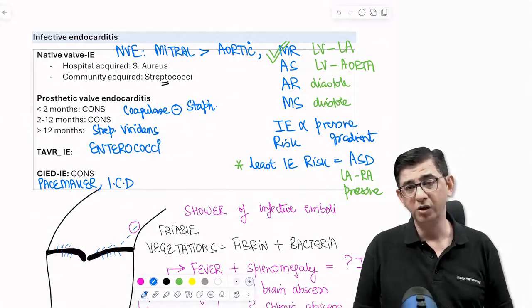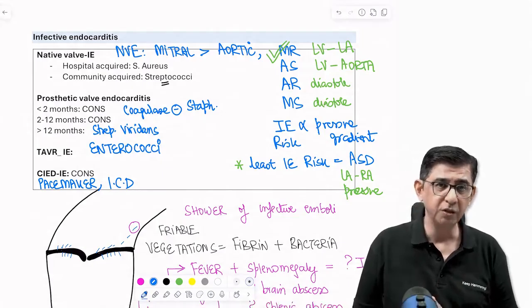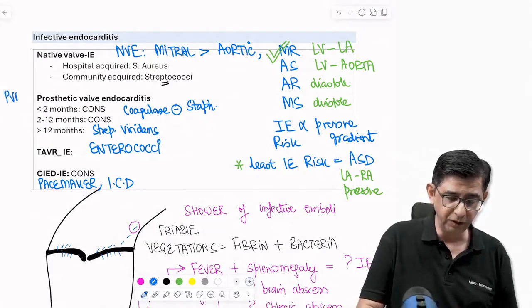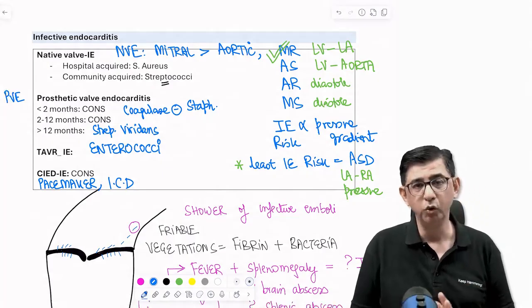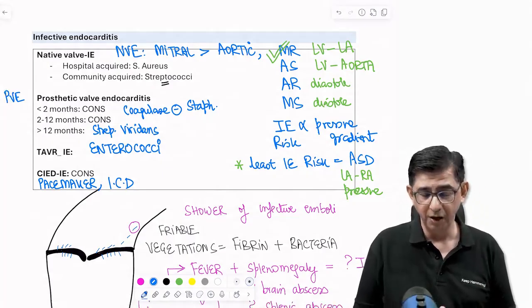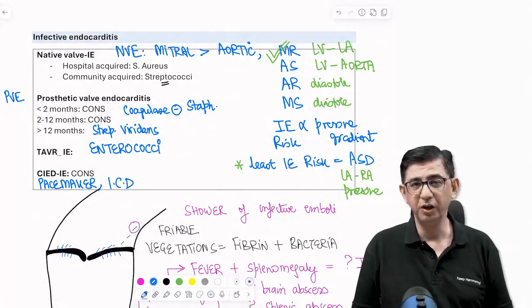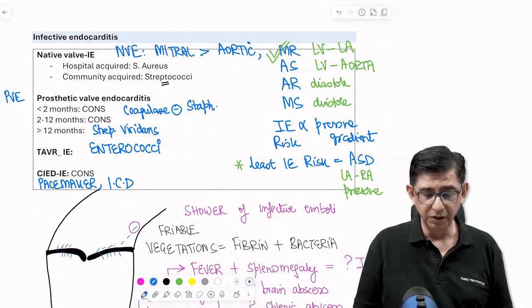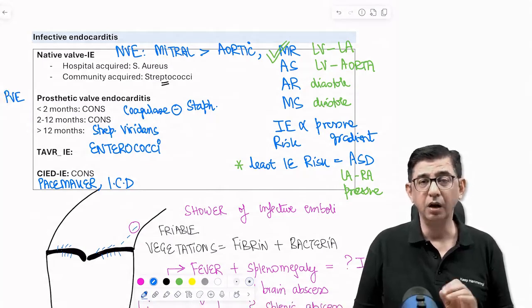So you can see CoNS is the answer three times. One is PVE, prosthetic valve endocarditis, in the first 2 months after the operation, and 2 to 12 months also the answer is the same. And then the third is when a pacemaker was deployed and the person has subsequently developed infective endocarditis. CIED, the English term is cardiac implantable electronic devices.